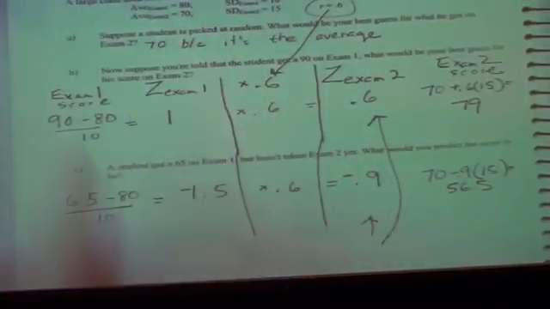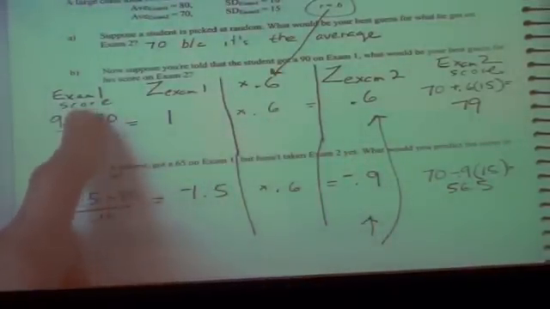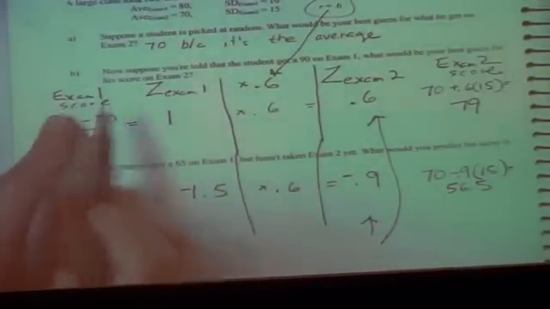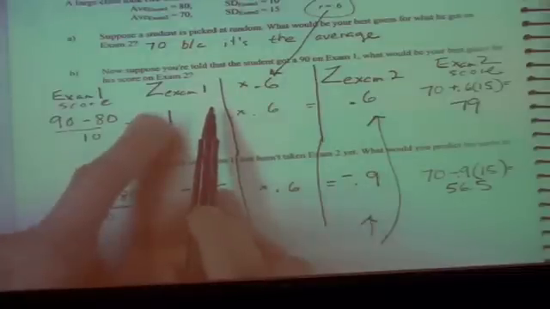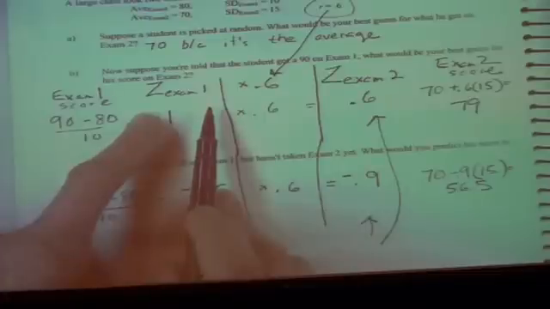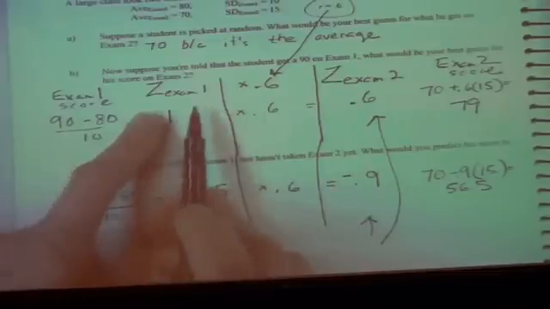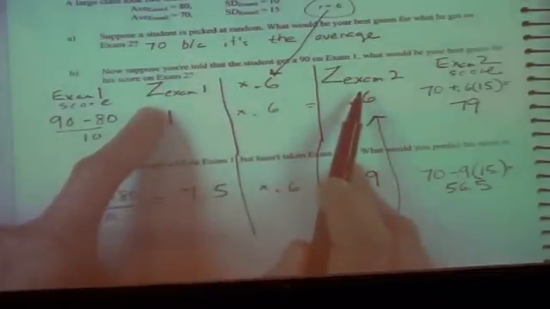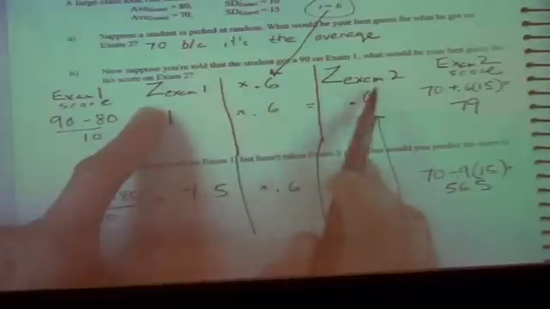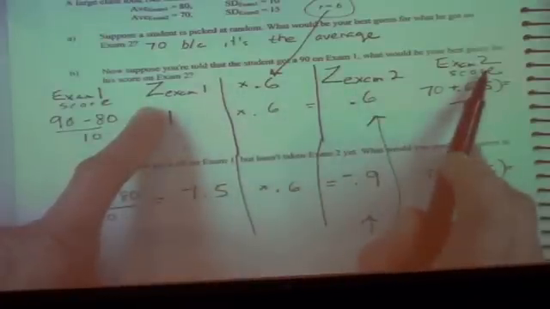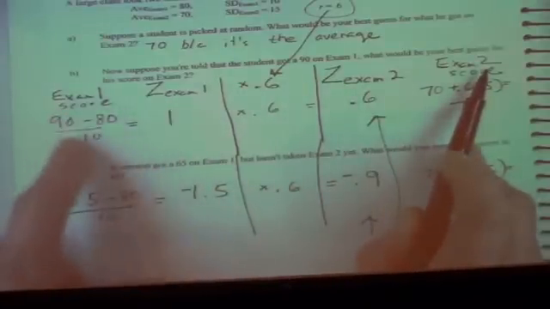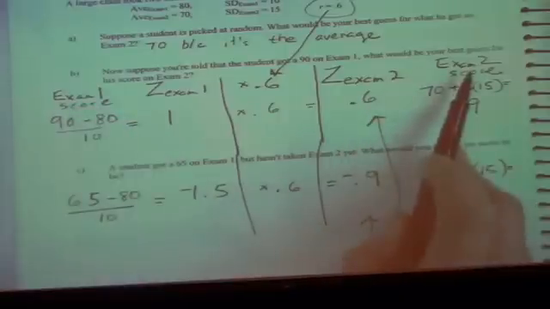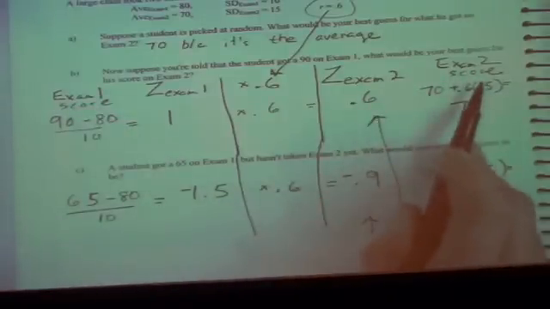We start with 1 score, here in this case exam 1, and we change it to a z-score, correct? Correct? And then our predicted z-score for whatever we're trying to predict. Here we're trying to predict the student who got a 90 on his exam 1. What's our best guess for what he gets on exam 2?